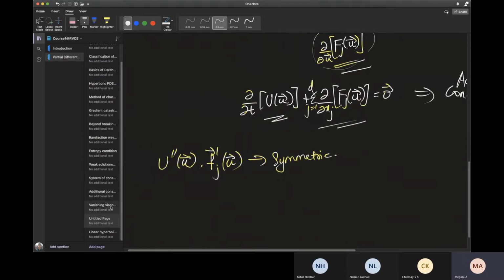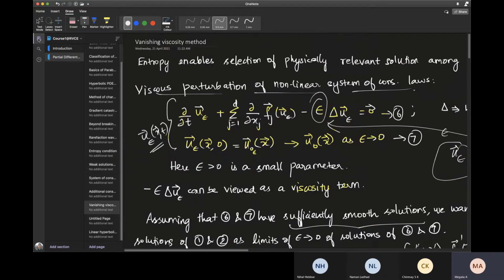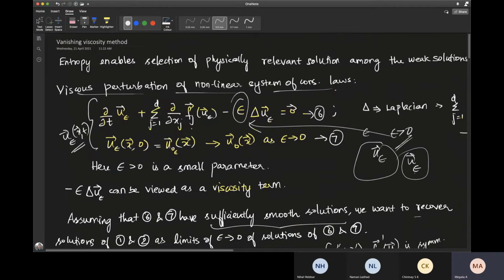So we have been looking at something known as the vanishing viscosity method, wherein we constructed another PDE. We considered some other PDE. Let's call it the epsilon viscous PDE, okay, from now on. This is not some term which is commonly used. Just to identify the equations, I'm calling it the epsilon viscous PDE.